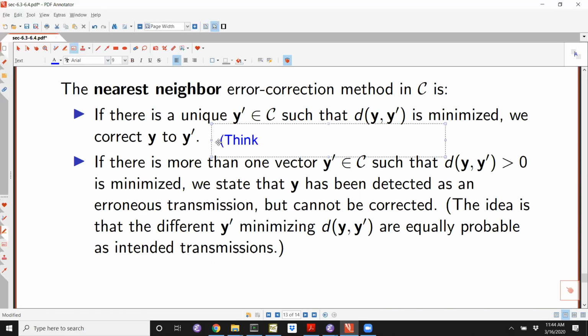Yolanda receives y, capital Y, and wants to fix it to y prime.